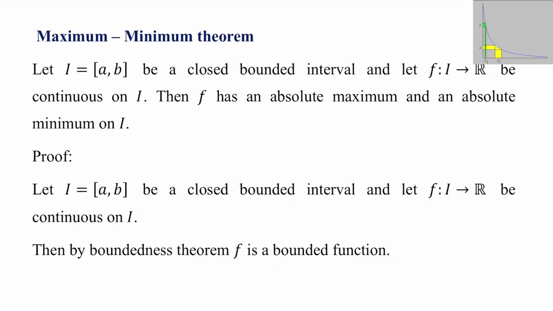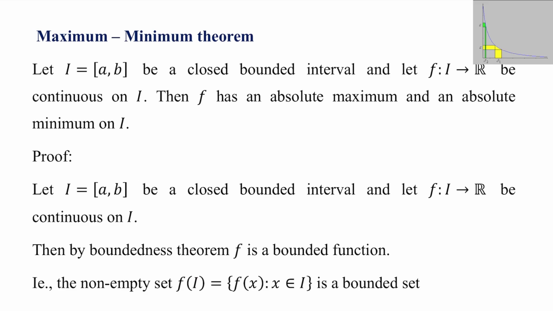Therefore f is a bounded function. F is bounded means its range is a bounded set. So f of I, which is equal to set of all f of x where x element of I, is a bounded set. Bounded set means this has an upper bound as well as lower bound.